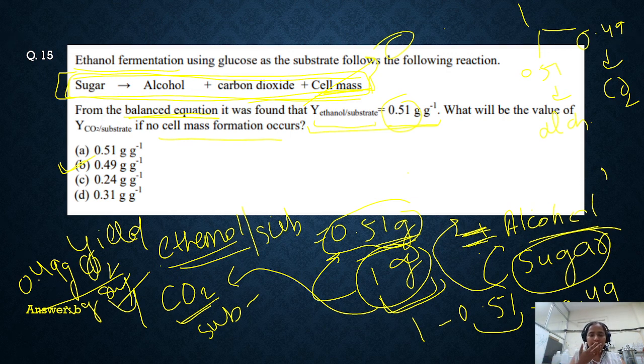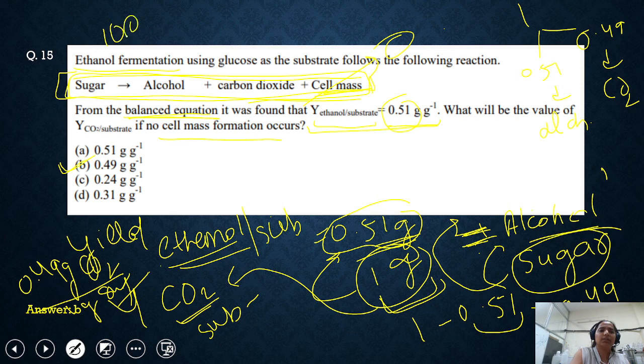Ma'am, is that 1 gram a standard value, or can we take 1 or 100 also? You can also take it in the form of 100, considering it as a percent. Usually we provide yield in the form of gram per gram.